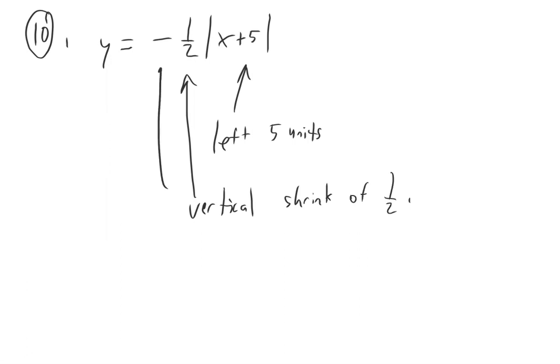And then this negative sign is a vertical reflection. Vertical reflection is always a reflection about the x-axis, right? So it's a reflection across the x-axis. So there we go. That's the answer to that question.